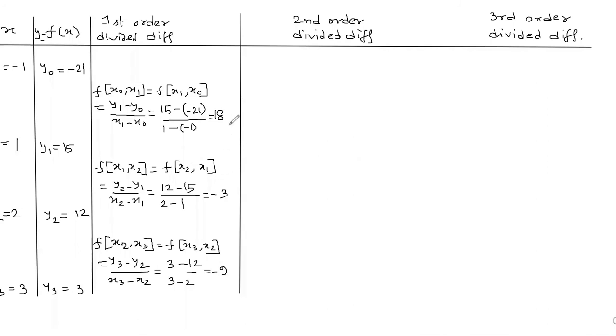Next, the second order divided differences. So f of x0, x1, x2, which is the same as f of x2, x1, x0.